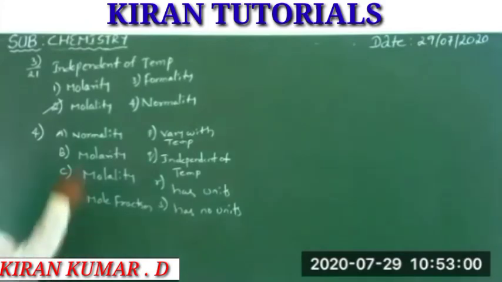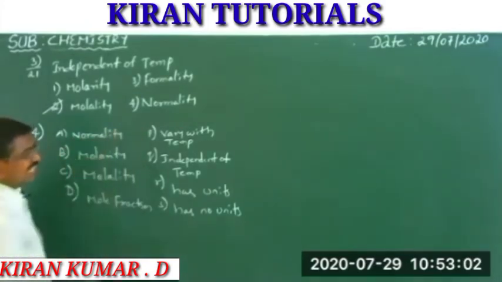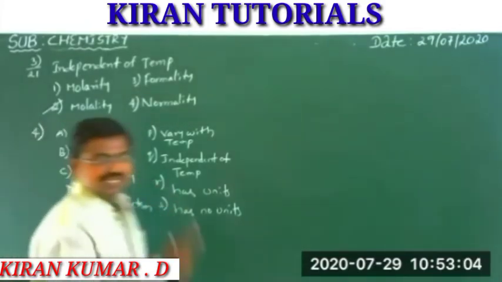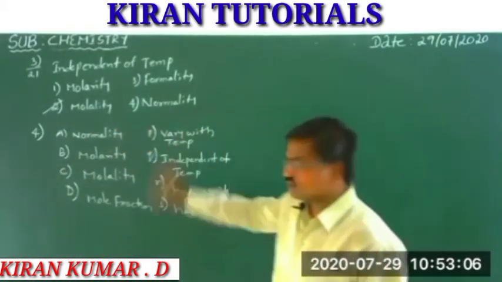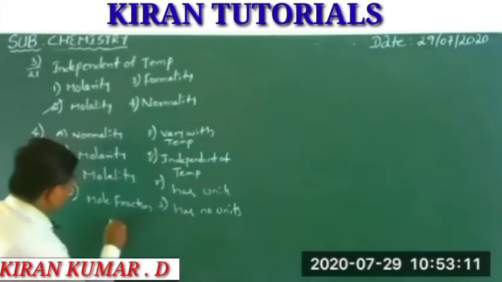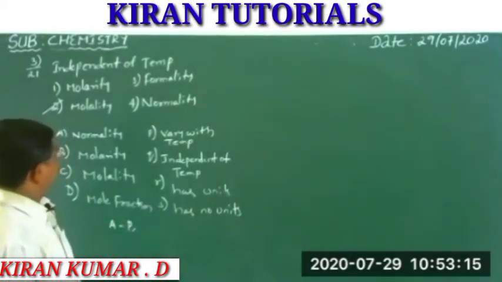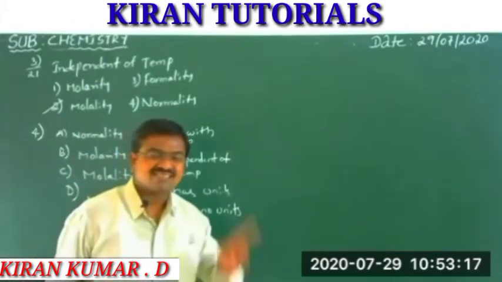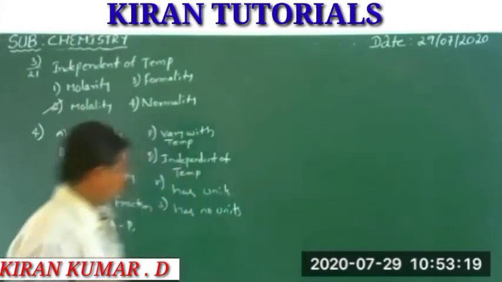A is nothing but normality. Normality is temperature dependent, so P, and normality has units, as just now discussed.